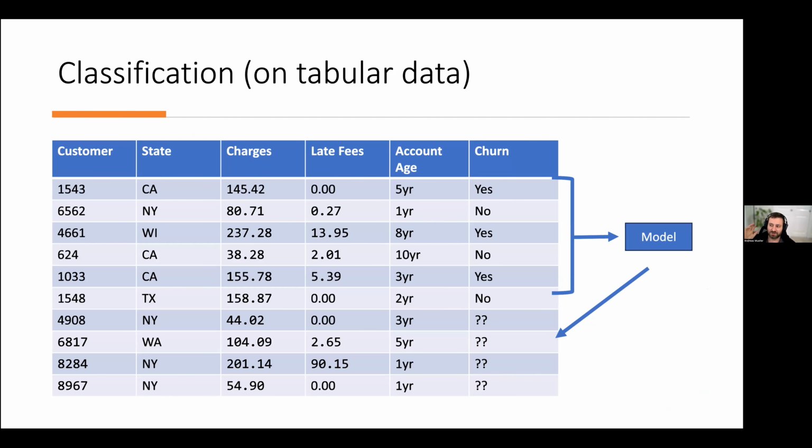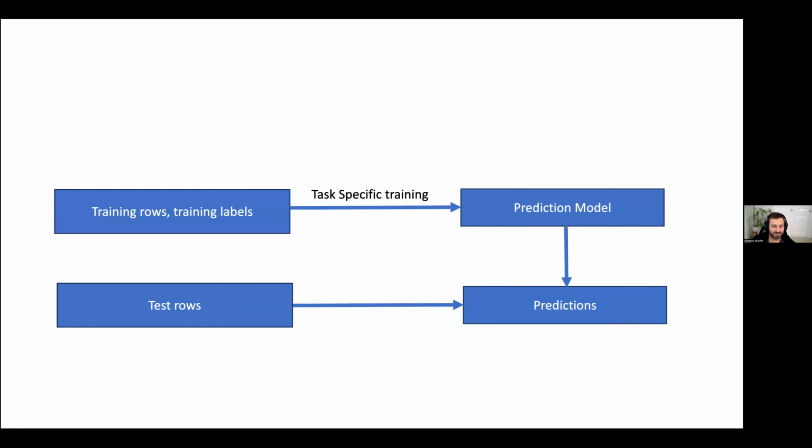So you have training, taking rows of the same data set, and you predict on new rows. So per task, you build one model, and then you use the model for each row to make predictions.